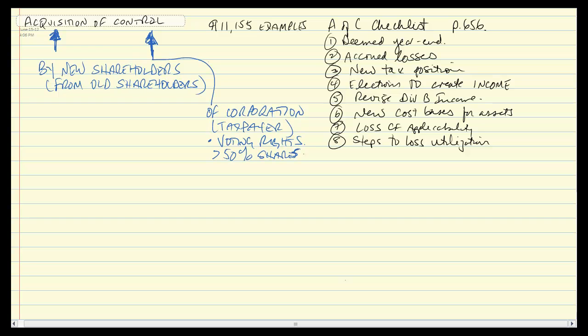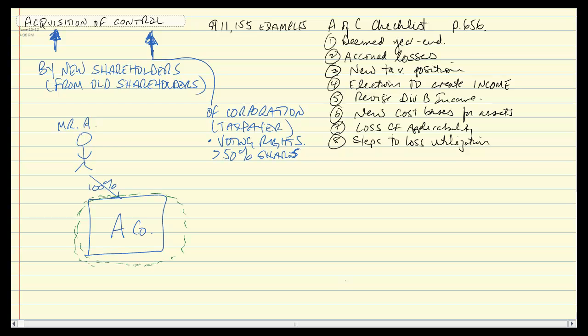Very important to understand that what we're talking about here is if our taxpayer, the company that we are accounting for, is owned by one person, Mr. A, an individual who owns 100% of the voting shares of A Co. What we've been doing this entire course is the tax for A Co. Our taxpayer is A Co. Now let's make this a Ms. B. Ms. B is going to come in, and these two people are going to transact, and these shares are going to come over here, and she is now going to own 100%.